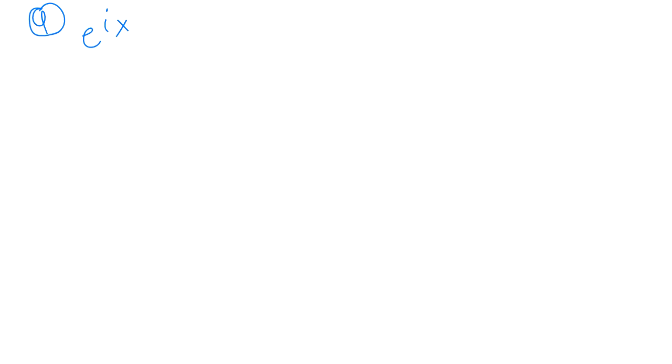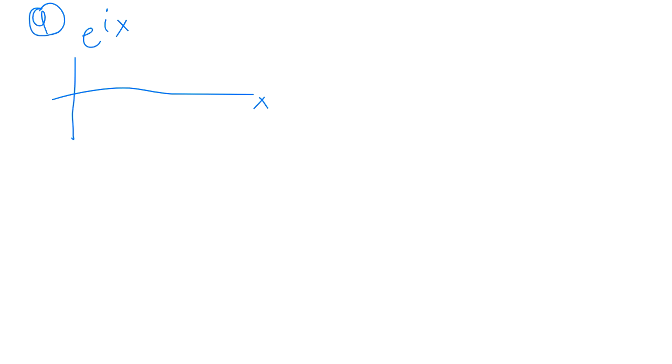One way is to recognize that there is a real and imaginary part. This is going to be equal to cosine of x plus i sine of x.